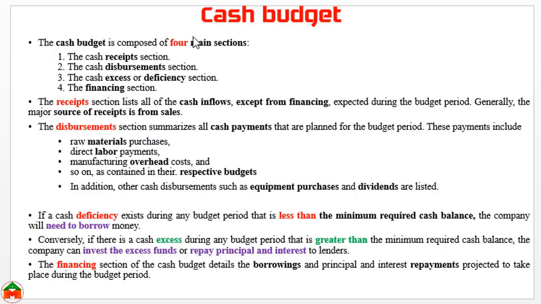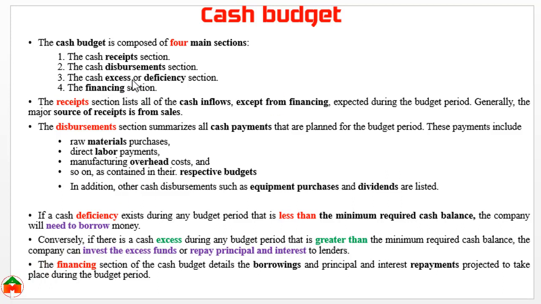Now we are going to prepare the cash budget, and before preparing it, we are going to discuss some introductory issues on the cash budget. We can see the cash budget has 4 sections. The first section shows the cash receipts, and the second section is for cash disbursement, and the third section is cash excess or cash deficiency.